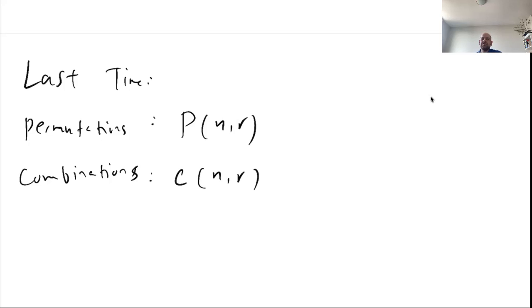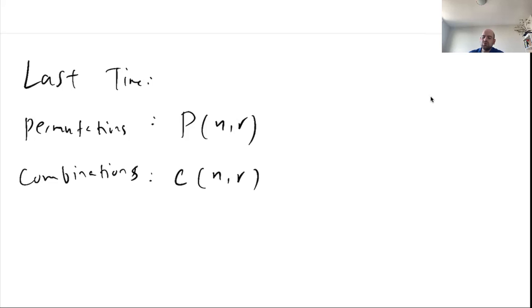And the order is relevant. For example, we said, if you want to choose a group of 2 people in a class of, let's say, 15, and the first person is supposed to be, for example, head TA, and the second person, for example, the secretary. Their roles are different, so it's important which one is the first person and which one is the second person.